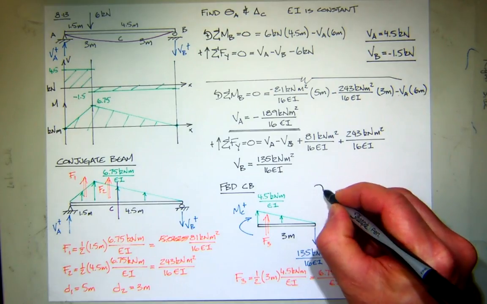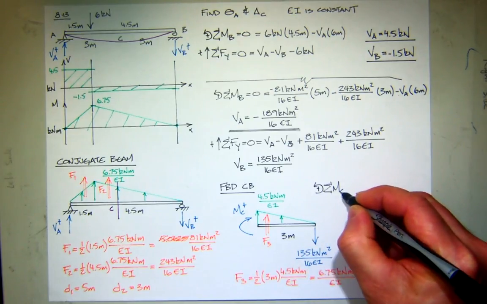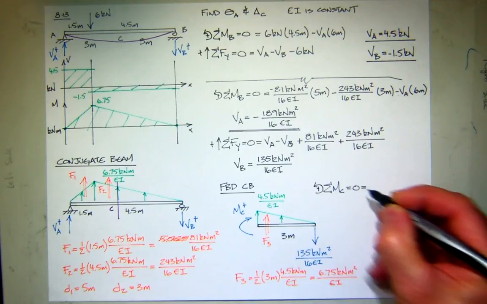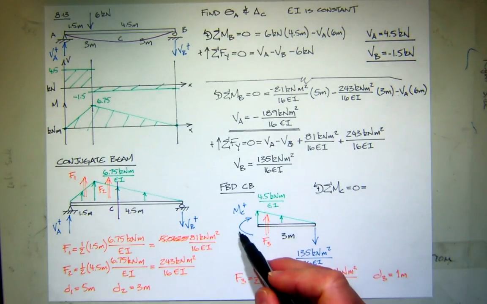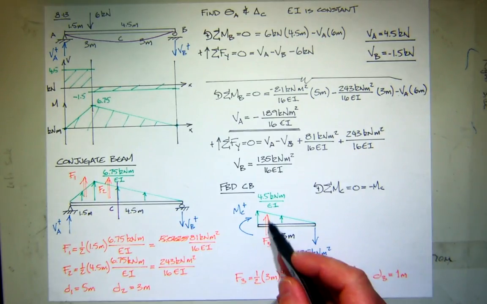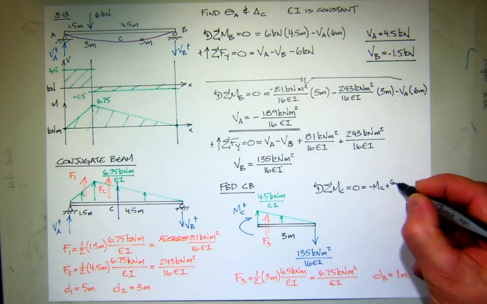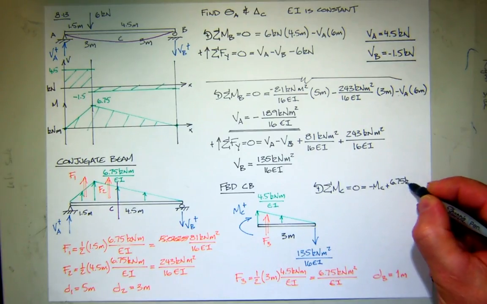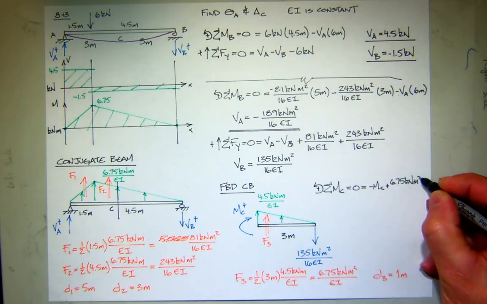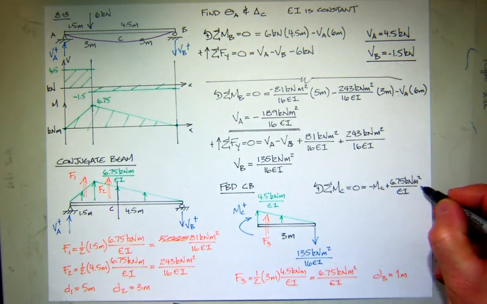So I'm going to now sum the moments at C. That's what I have. First I have the moment at C, which is negative. About C, F3 creates positive moment, which is 6.75 kilonewton meters squared over EI at a distance of 1 meter.